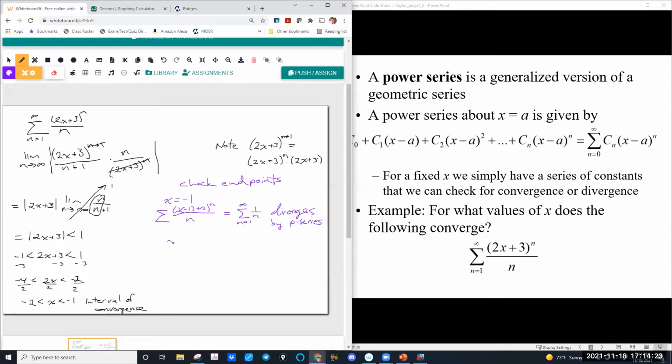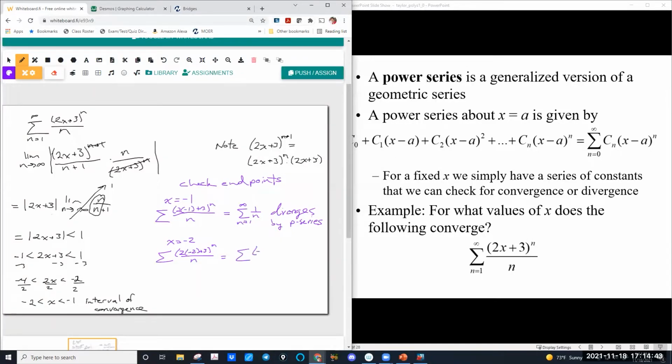We also have to check x equals -2. We do the same thing, except we're plugging -2 in, and see if this converges or diverges. Well, now we have -4 plus 3.